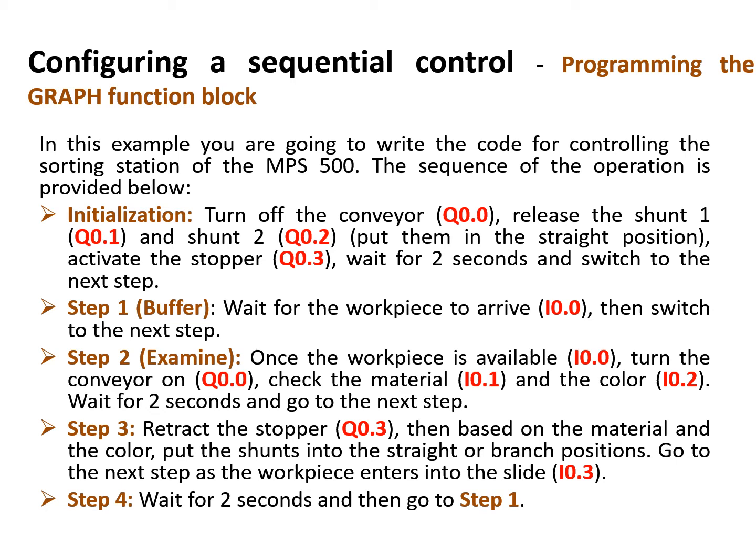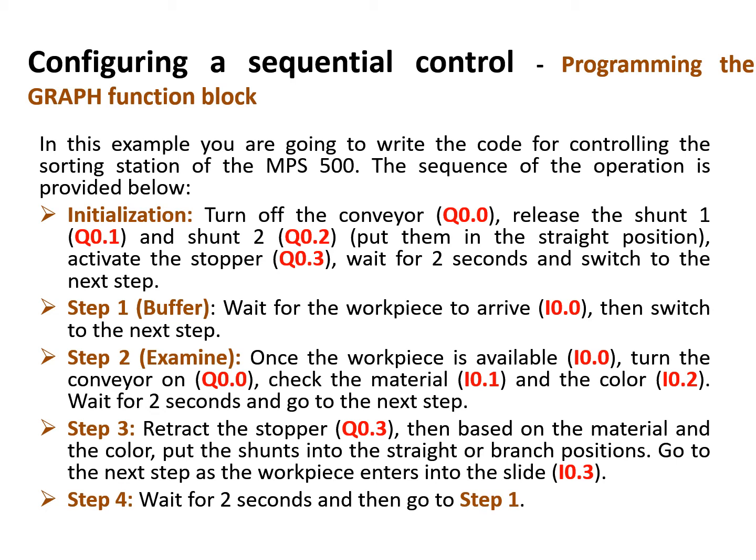Initialization. Turn off the conveyor. Which conveyor do you mean? That's the small conveyor on the sorting station. Release shunt 1 and shunt 2. Okay, put them in the straight position.